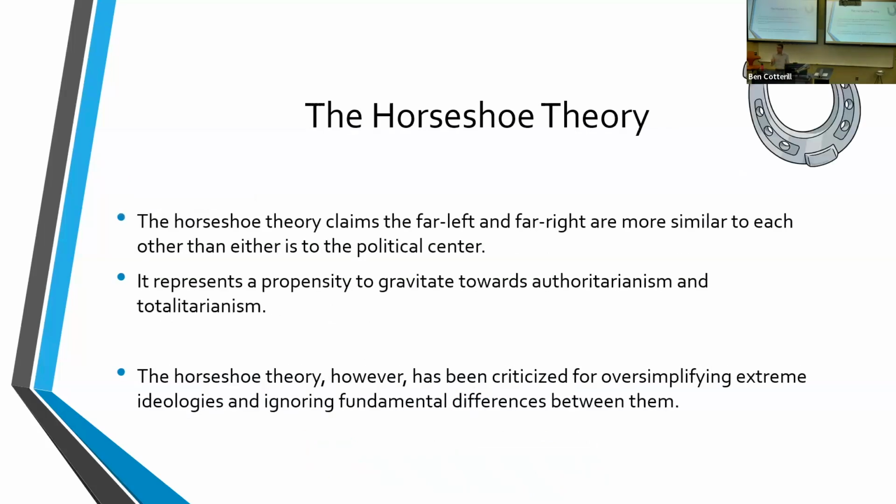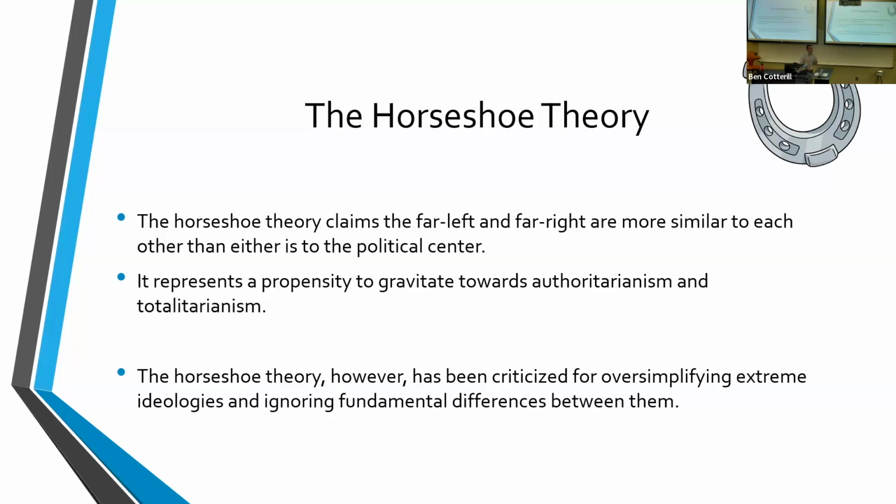Another kind of counterpoint to this spectrum is that the political spectrum isn't really so much a straight line, it's more of a horseshoe, and that's the horseshoe theory, which really means that as one gets more extreme, okay, on either side, as we get more to the outer edges, then it's bending upwards like a horseshoe, meaning that those at the extreme ends actually have more in common with each other than they do with moderates, and that those who are more moderate, but one moderate right, one moderate left, they actually have more differences than those at the extreme ends.